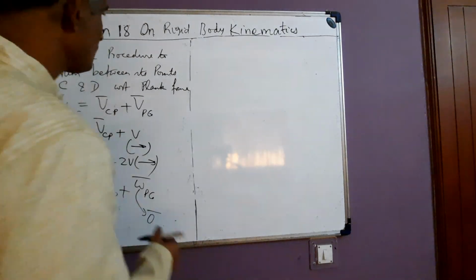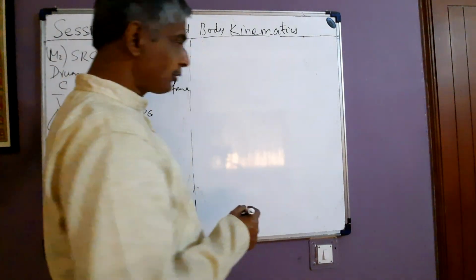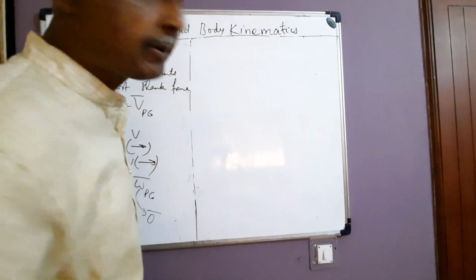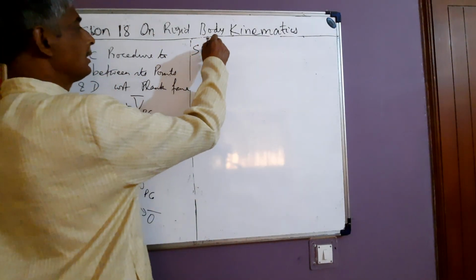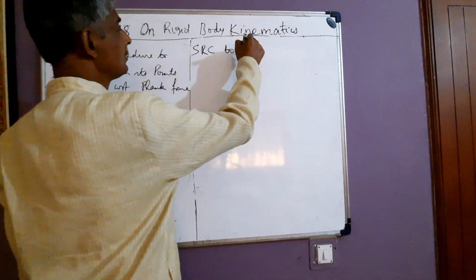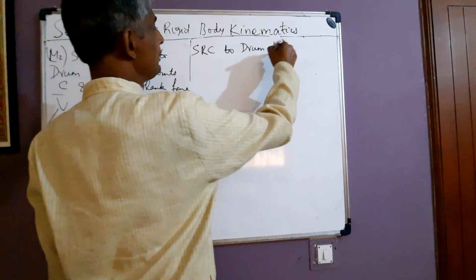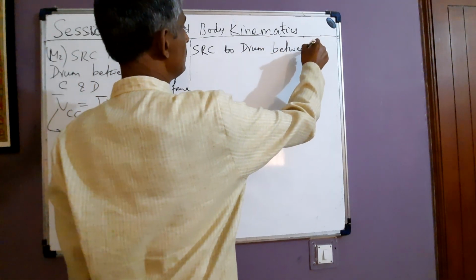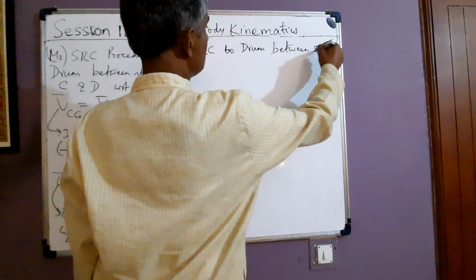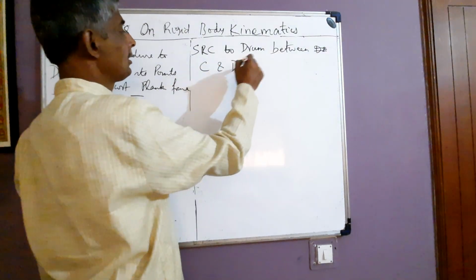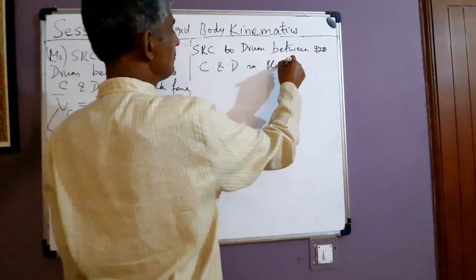So now we apply SRC to the drum between the points C and D in plank frame.